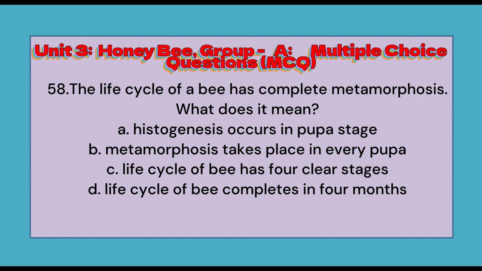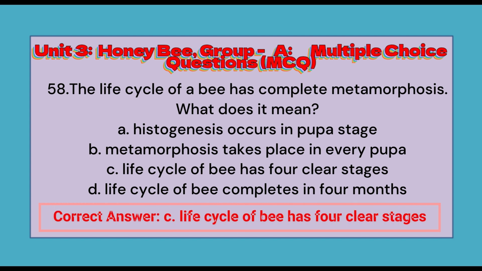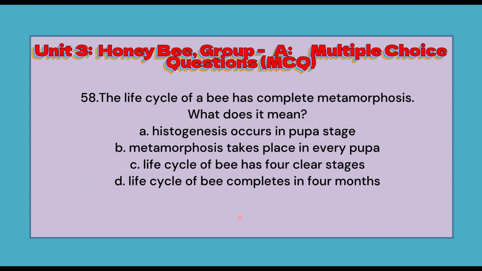What does it mean? A. Histogenesis occurs in pupa stage. B. Metamorphosis takes place in every pupa. C. Life cycle of bee has 4 clear stages. D. Life cycle of bee completes in 4 months. Correct answer: C. Life cycle of bee has 4 clear stages.